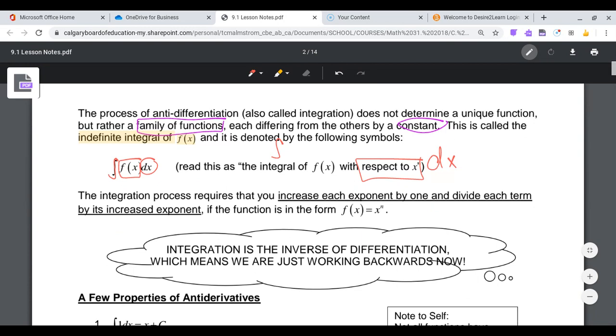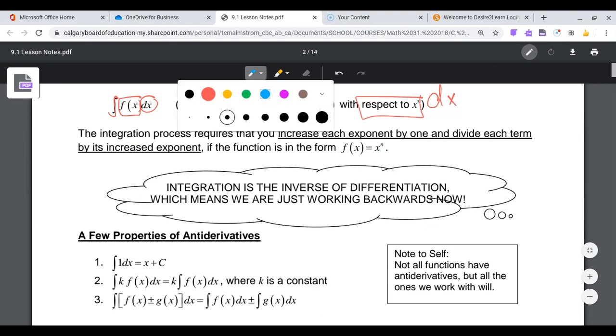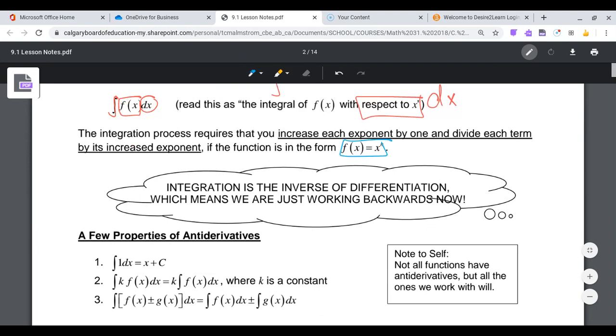Well, actually, the process for this polynomial in general, x to the power of n, is just to increase your exponent by 1 and then divide each term by that increased exponent.